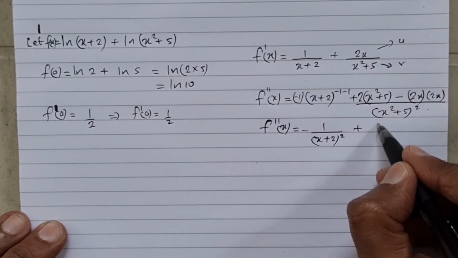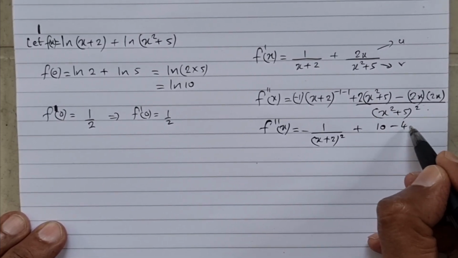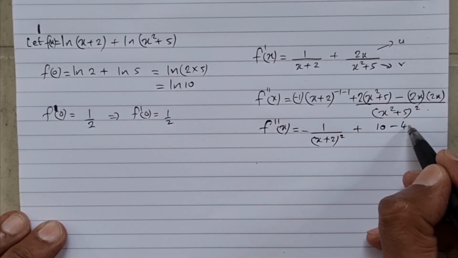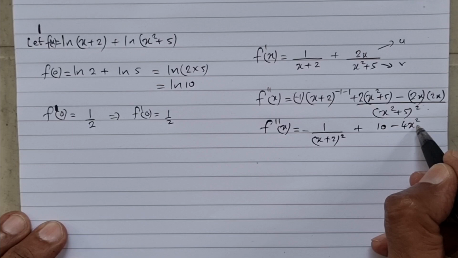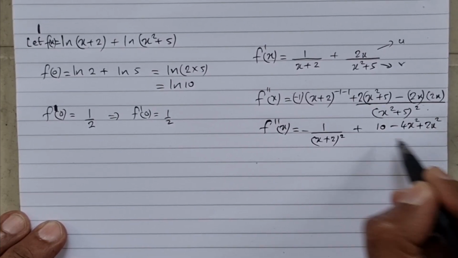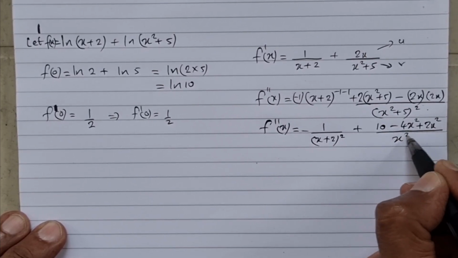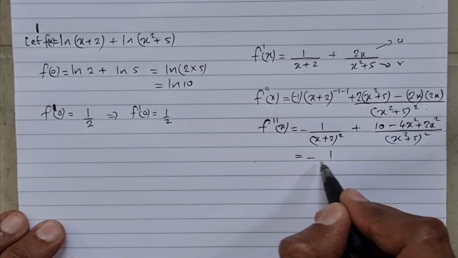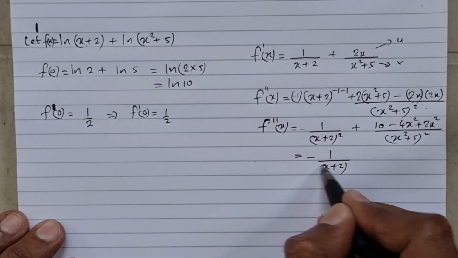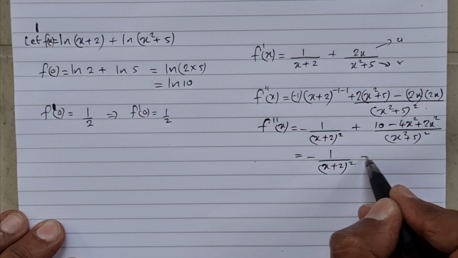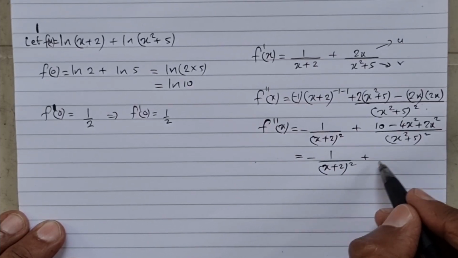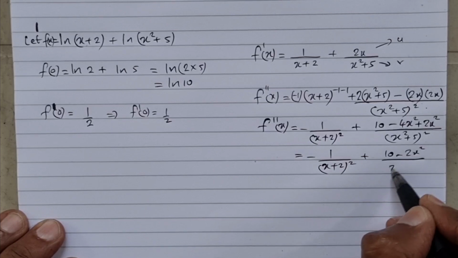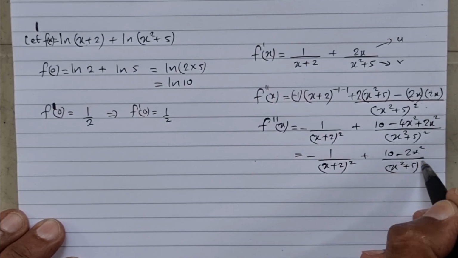And then 2 times 5 is 10, so minus 4x squared plus 2x squared, divided by (x squared + 5) all squared. Simplifying this further, this is what we are going to get: plus (10 minus 2x squared) divided by (x squared + 5) all squared.